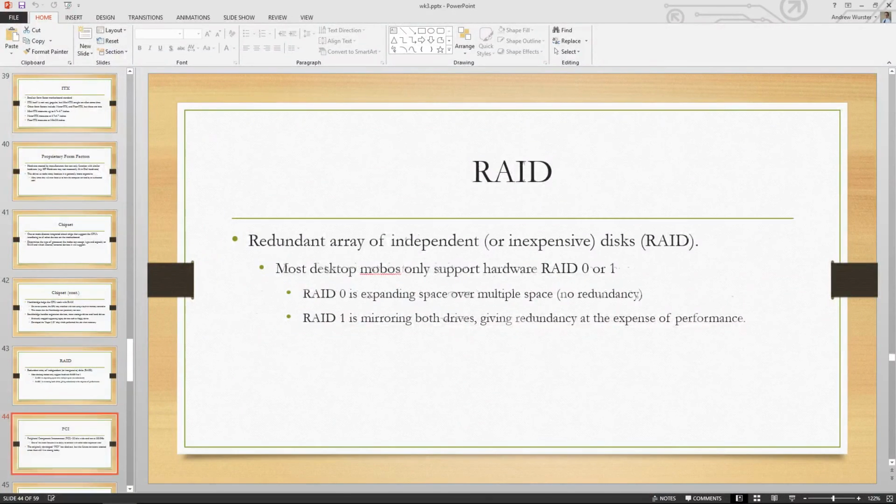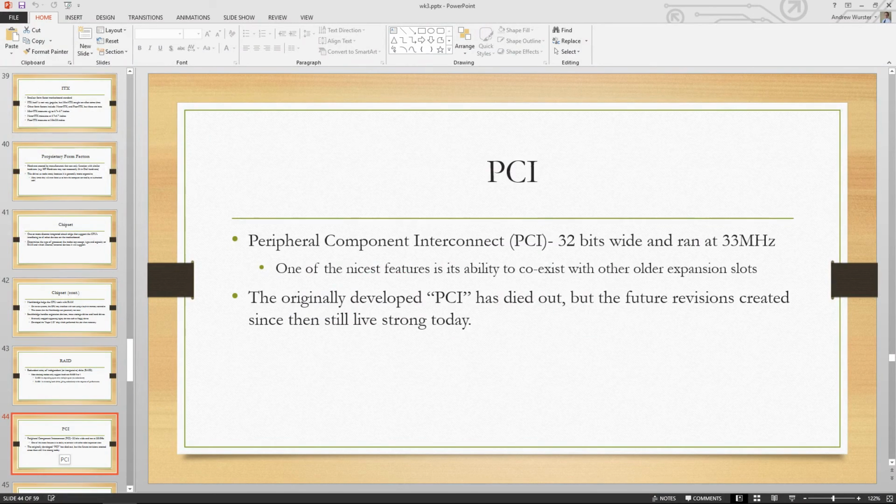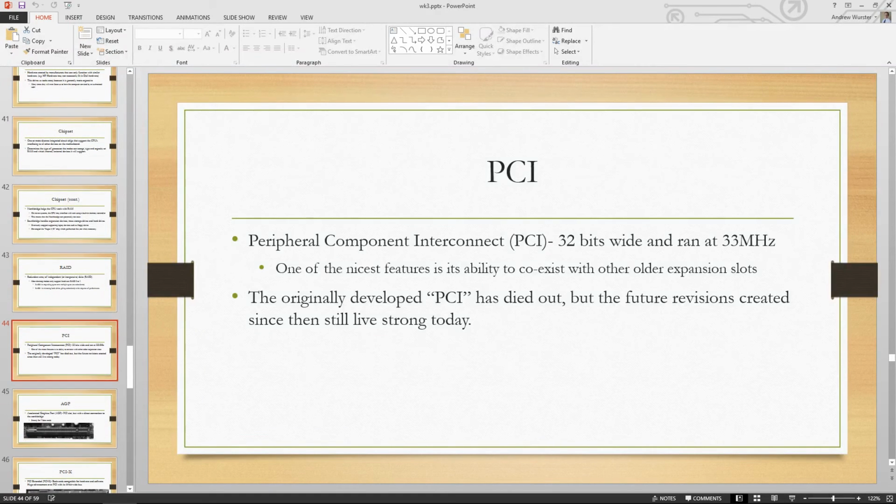PCI, Peripheral Component Interconnect. This is actually covered pretty extensively in these chapters. PCI has developed a lot over the years. It used to be 32 bits wide, which is slow and very, very wide. The nice thing is that manufacturers put a lot of these PCI slots in, different variations, not actual PCI anymore.